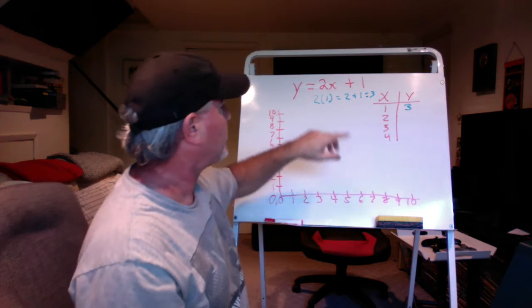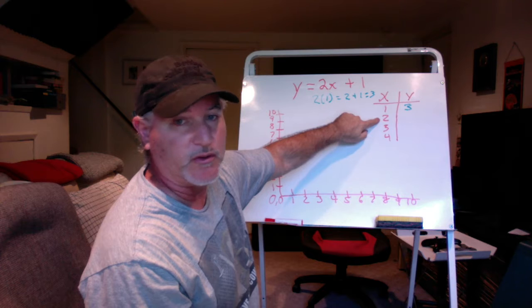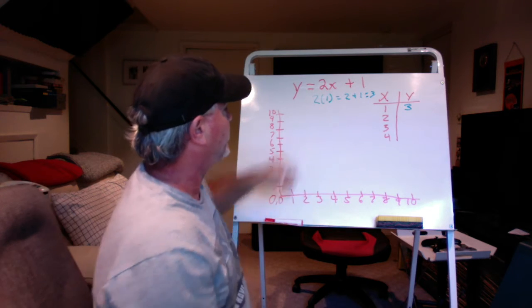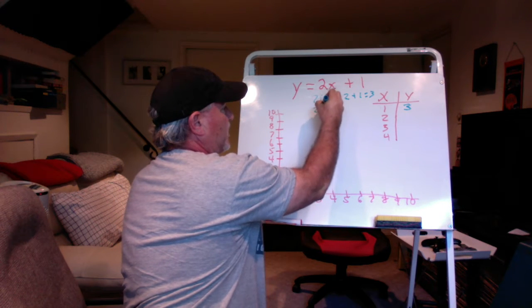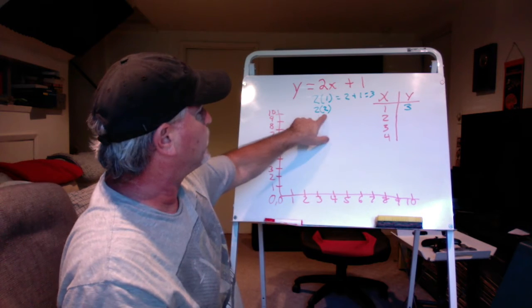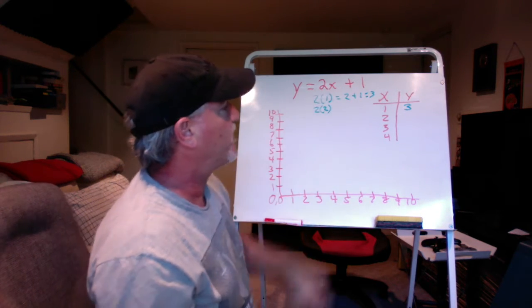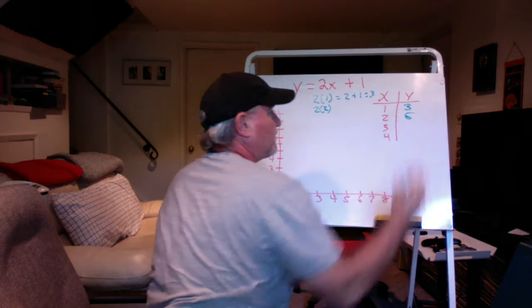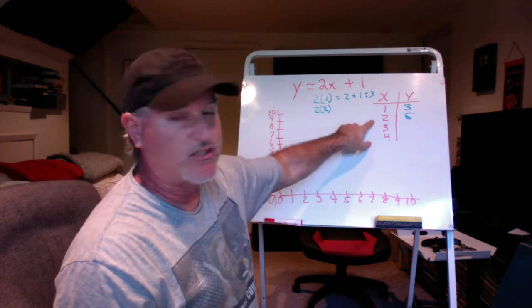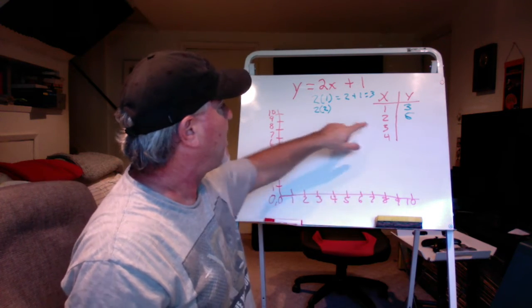Okay? Now I'm going to continue. When X is 2, I'm plugging a 2 into where the X is. So 2 times 2 is 4, plus the 1 is 5. When X is 2, Y is 5. Now 3.